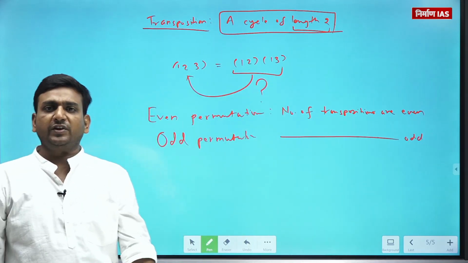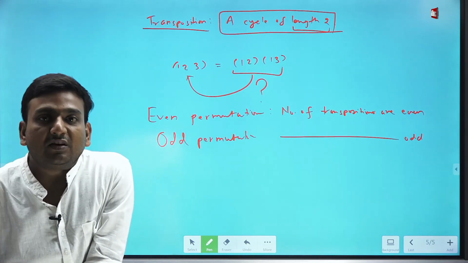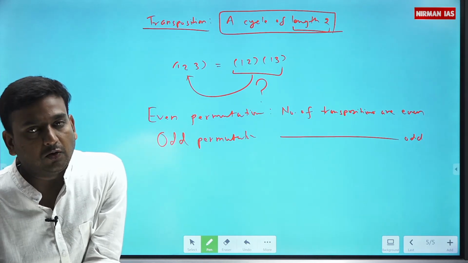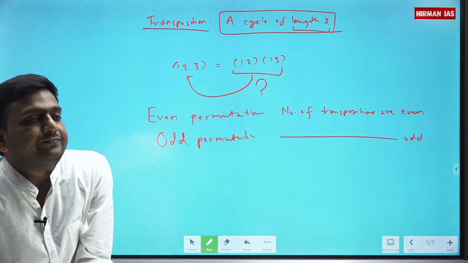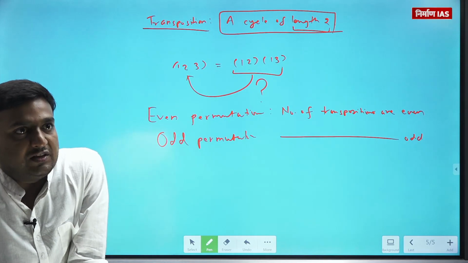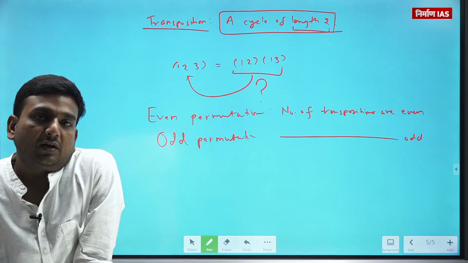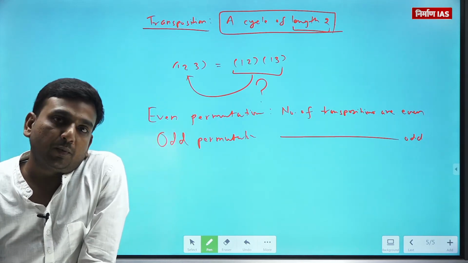If you want to check whether a given permutation, that is, those functions sigma 1, sigma 2, sigma 3, tau 1, tau 2, I and all, which are called permutations, is even or odd, someone may say: check whether sigma 2 is an even permutation or odd permutation, whether tau 2 is an even permutation or odd permutation.